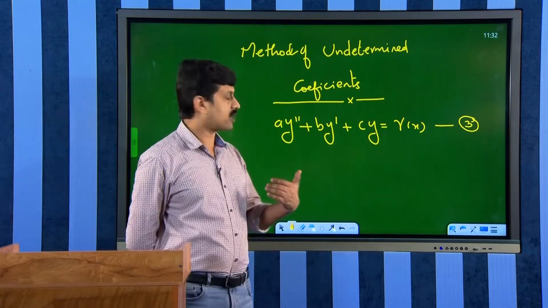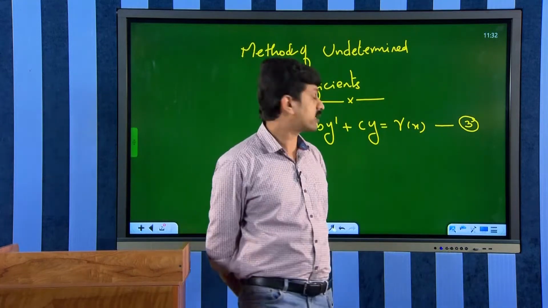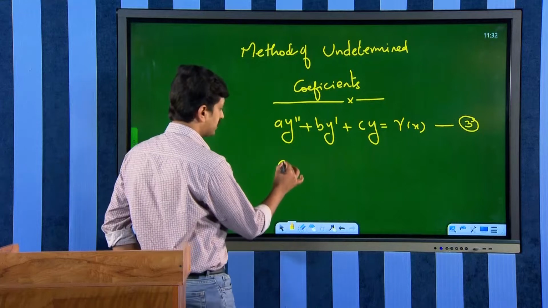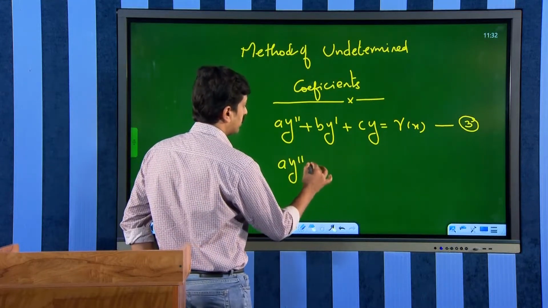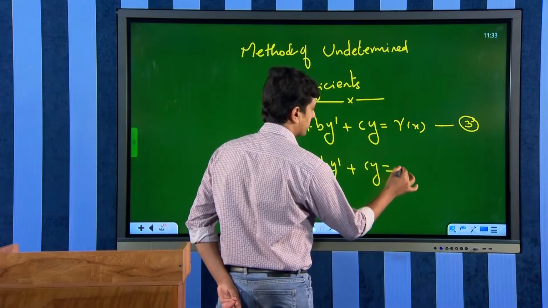See, my dear students, our thought is how to solve this. We have the corresponding homogeneous differential equation ay double dash plus by dash plus cy is equal to 0.